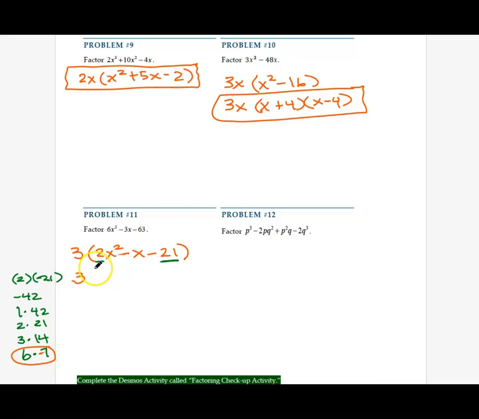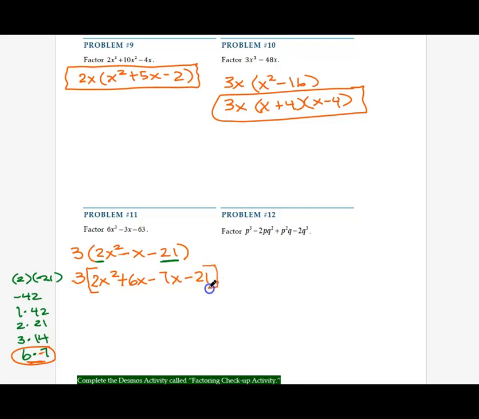But make sure you keep that 3 out in front. It's still part of our answer. Okay, and so this first term of that trinomial stays. But the middle term, that negative x, is going to change to plus 6x, because of what we found down here, minus 7x, and then minus 21. Leave that last one the same.